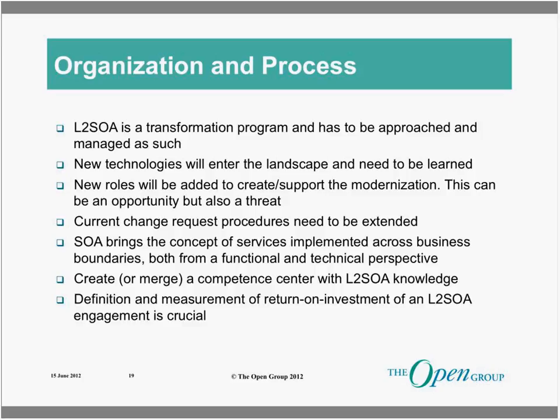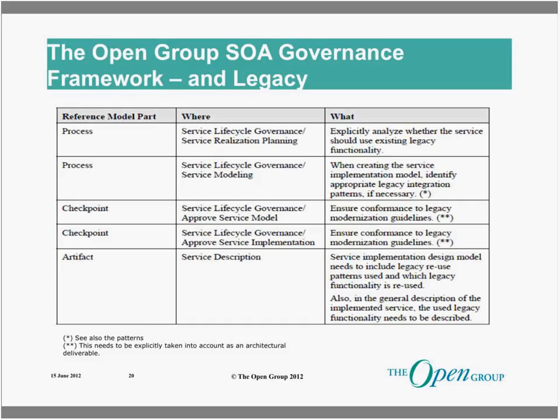Next slide, please. A little bit more detail on the governance framework. Look at these changes, and also at requests for functionality that needs to change, and the life cycle. Life cycle is all about governance. We took a look at the Open Group SOA governance framework and at the specific legacy touch points.